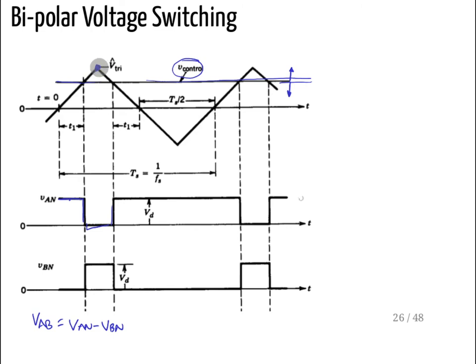You generate some triangular wave, that will be your carrier signal. Then there's some control voltage, and this is the output voltage setting. Probably it will not be clear at that stage, but we will discuss it in more detail in the following weeks.